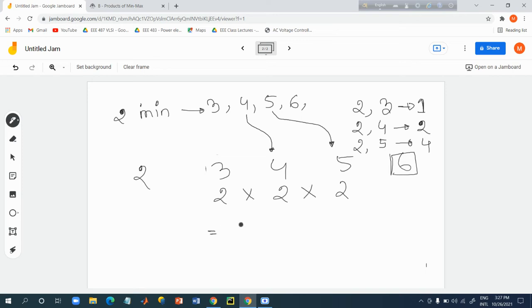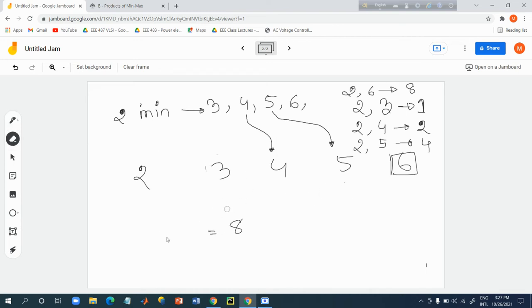So the possible subsets is 8, right? So 2 being the minimum and 6 being the maximum, the possible subsets are 8. So each time we are moving forward, the number of possible subsets for 2 will be increased by 2, right?